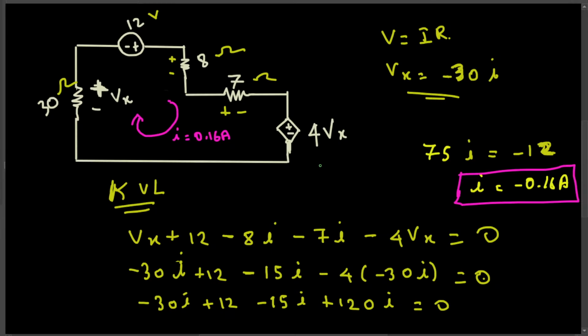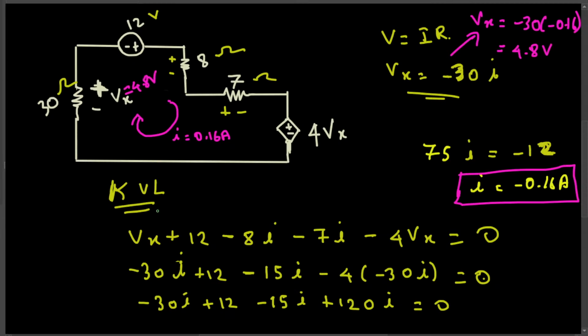Now we can solve for the voltage by plugging in this equation. Vx is negative 30 times negative 0.16, and if you multiply and calculate this one, you're gonna get 4.8 voltage. So this voltage right here is 4.8 voltage.